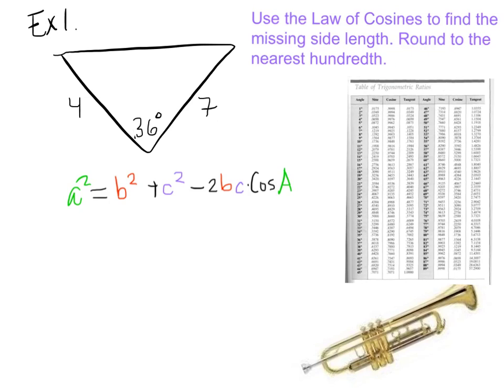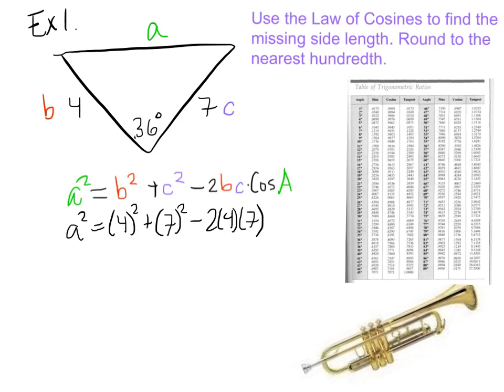I'm going to go ahead and call the missing side A. And I'm going to fill in those values right now, knowing that I have a side B and a side C. Given that, I'm going to plug in my values, and I know that A squared is equal to my B value squared plus my C value squared minus twice those values multiplied together times the cosine of the angle across from that side A, which is 36 degrees.